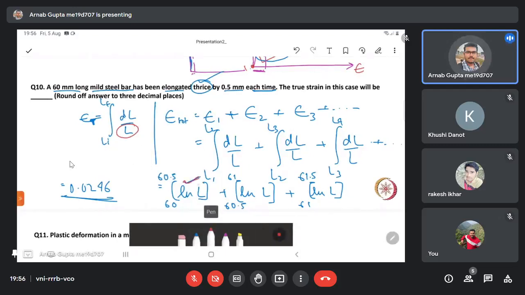Here it's ln L, but in that case, you have to find out this particular function after carrying out this integration. Then plug in the values and you will get it. One common problem can be related to temperature. So with temperature, suppose you know the relationship between L and T. From there, you can find out that with temperature how length is changing and what is the strength that is getting induced in the material. So that is a different scenario after all.